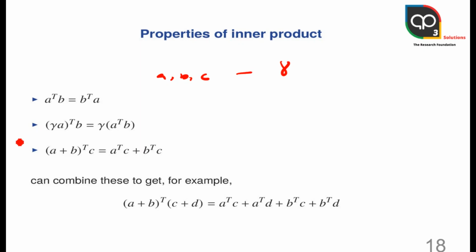And when we go towards the associative property with scalar multiplication, kindly just observe, gamma A transpose B is equal to gamma times A transpose B. So we can also write this as gamma A transpose B. And when coming towards the distributive property with vector addition, A plus B whole transpose into C is equal to A transpose C plus B transpose C. So the inner product can be distributed across vector addition.